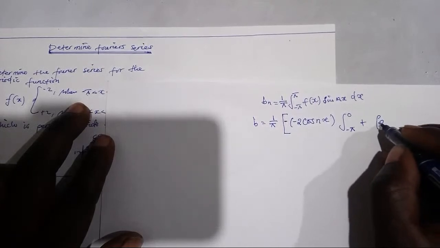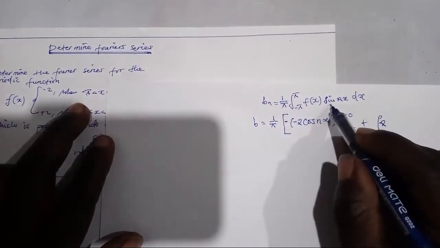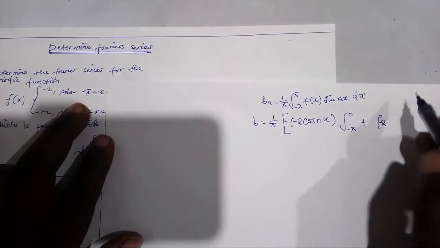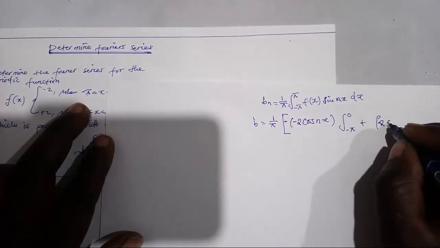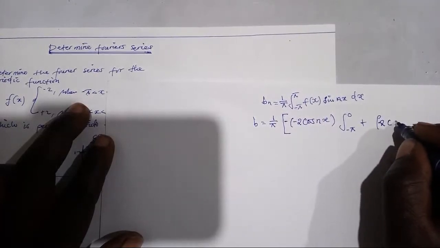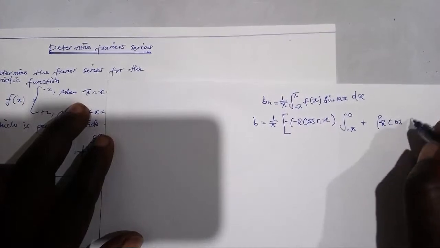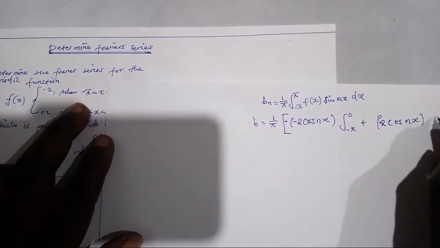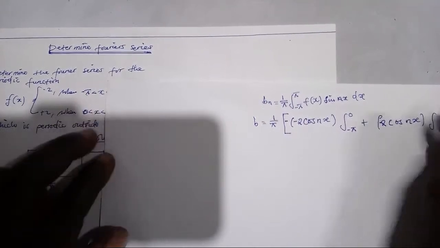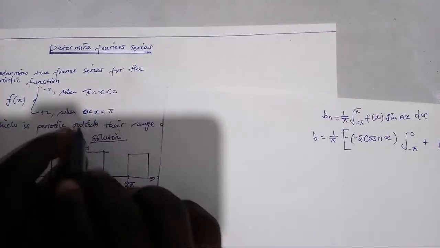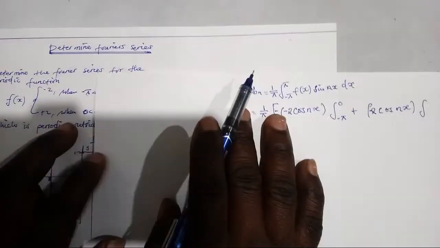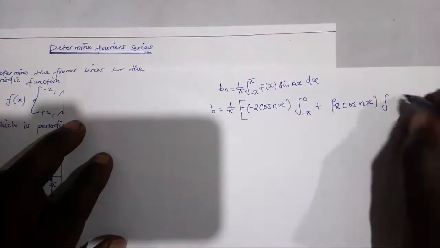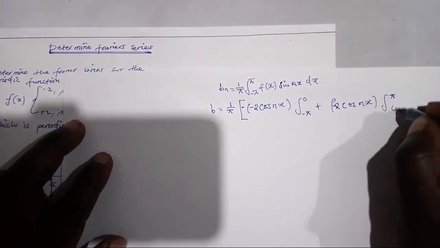Here we have minus because the derivative of sine is negative cos. So we have negative 2 cos nx, then you follow the range for the positive 2, where the upper limit is pi and the lower limit is 0.